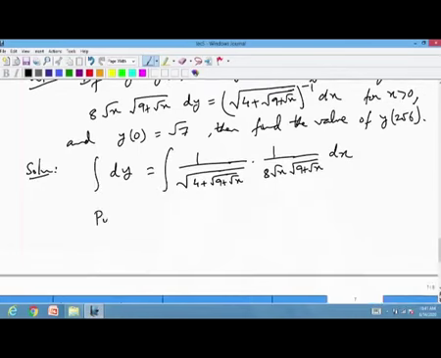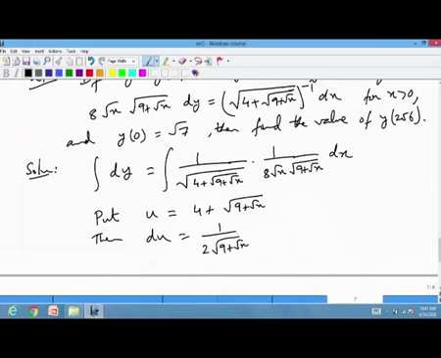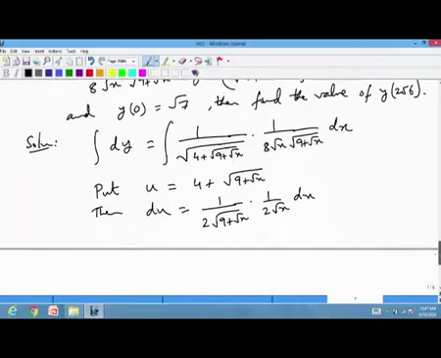Suppose we put u equal to 4 plus square root of 9 plus root x, then du is equal to, the derivative of this will give 1 by 2 square root of 9 plus root x times the derivative of 9 plus root x is 1 by 2 root x dx. So, we get du equal to this.